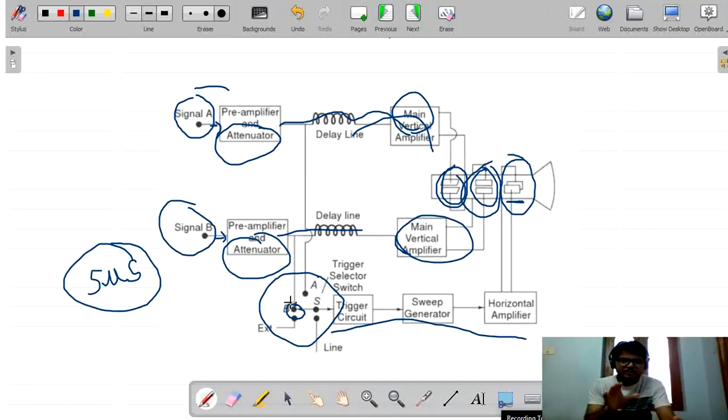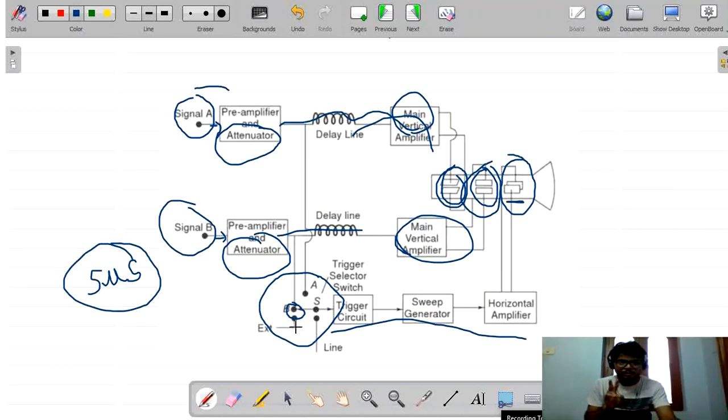No, it will display, because of the concept of persistence which I mentioned in the features of a CRT: the signal stays for a longer time. So 5 microseconds is not a big matter for persistence, and we can observe two signals continuously without any fluctuations.